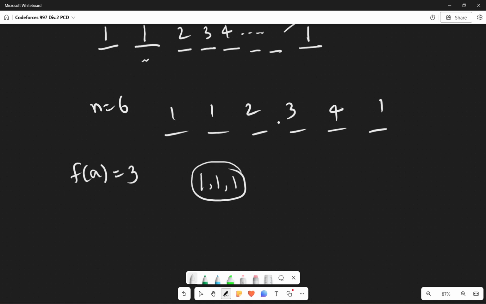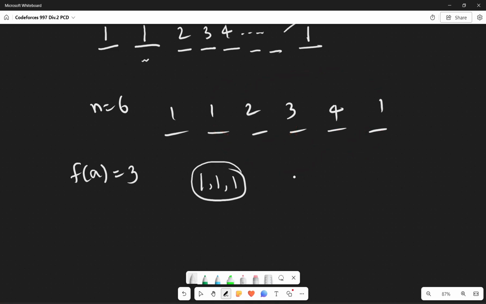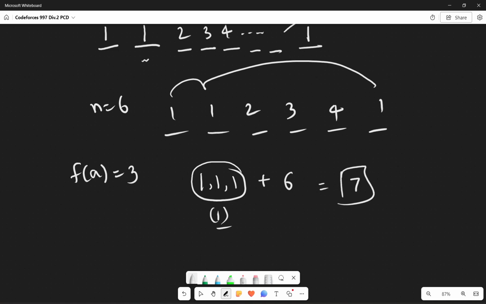This is the first initial combination, and others are 1 2 1, then 1 3 1, then 1 4 1, then 1 2 1, then 1 3 1, and then 1 4 1. So basically there are 6 other possible combinations, and this one combination for 1 1 and 1, it will basically give you 7. So for 6, g of a is basically greater than 6, which is 7.